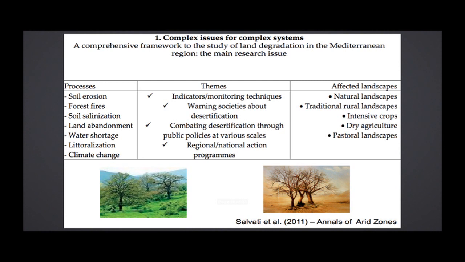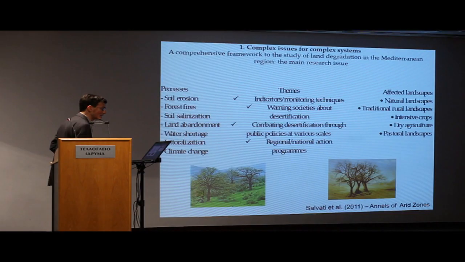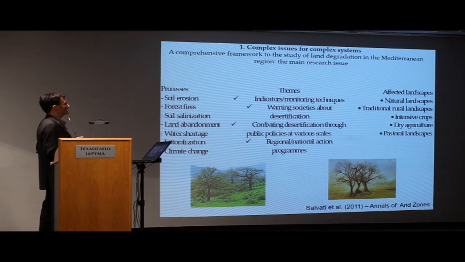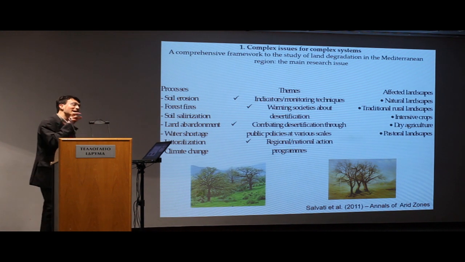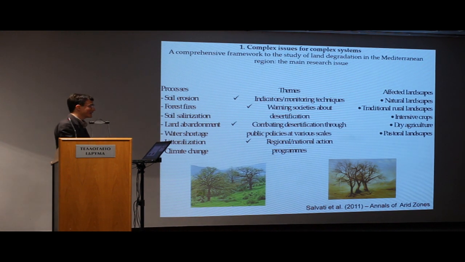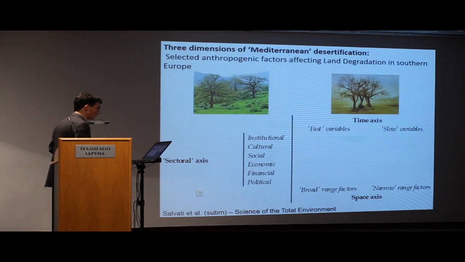Then research issues such as indicators and techniques. And of course the third pillar is the affected landscape: natural landscape, traditional rural landscape, but also intensive crops, dry agriculture, pastoral landscape, and I want to add now a last line, which is peri-urban landscape, so land around big cities which are expanding very fast, and we will see that later on.